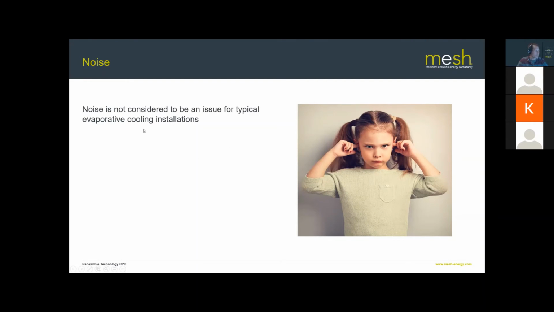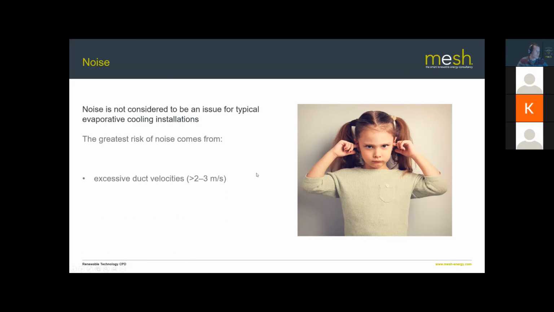So noise isn't generally an issue for evaporative cooling installations, for two reasons. One of which is there tends to be more of a commercial industrial type of installation anyway, so there's probably higher levels of background noise anyway. But also there's no particular risk factors. You've basically got an air supply fan and some ductwork.